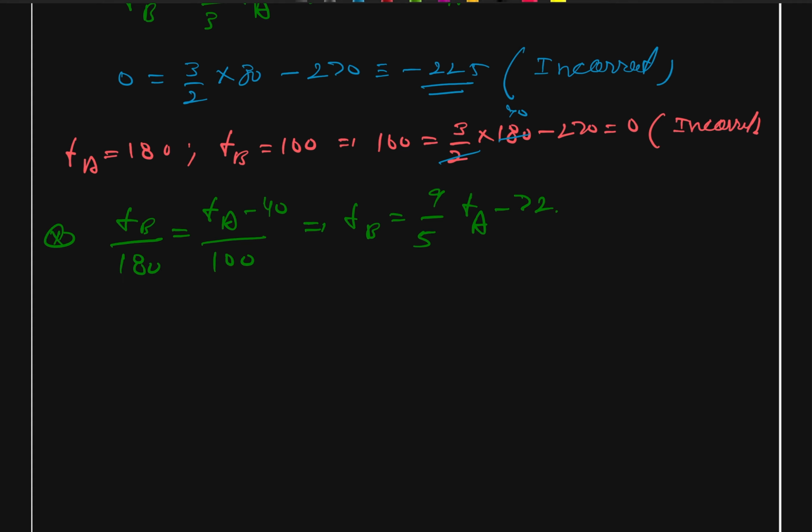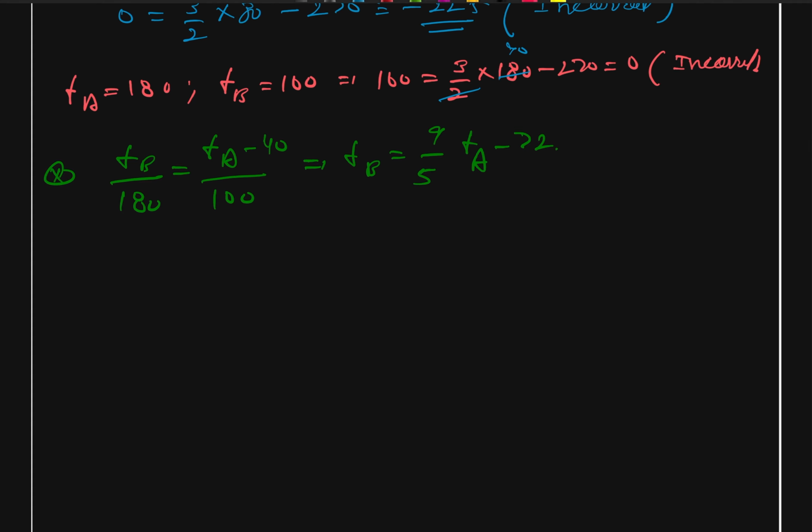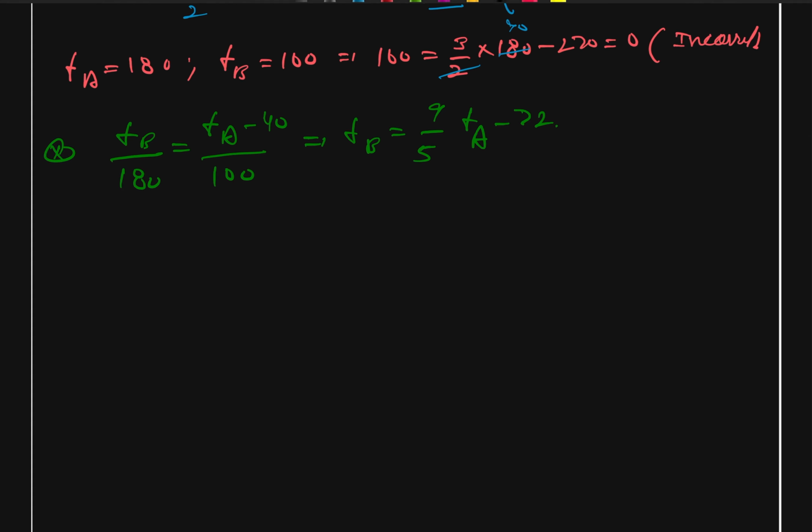And once again, for the two fixed points, we have our TA is 30 and TB is equal to 0.